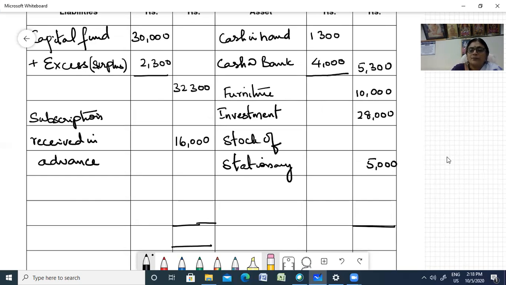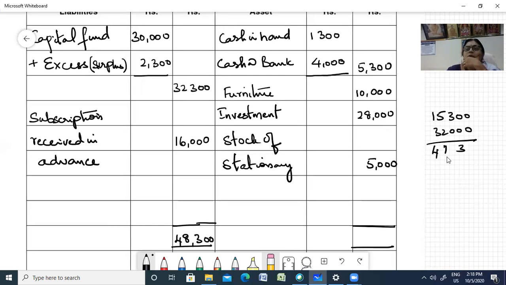Okay. Now here 6 plus 2, 8. So 48,300. Now this side also should tally, right? So we have 15,300 plus 32,300. We have 47,000. Let's see what is that we have left out.